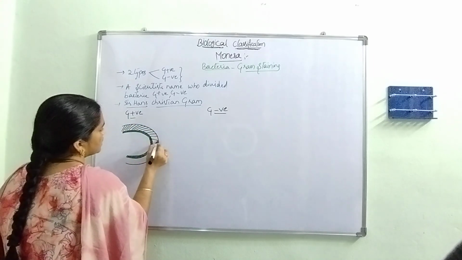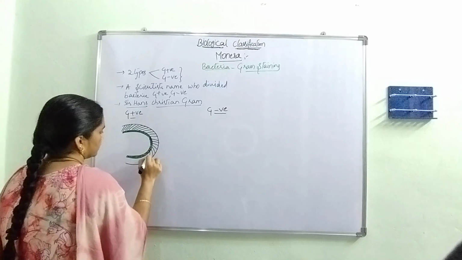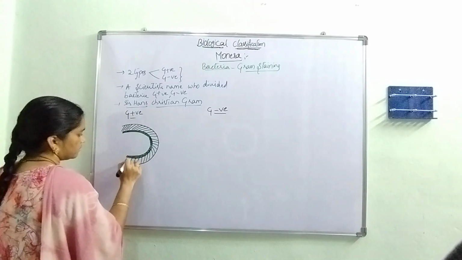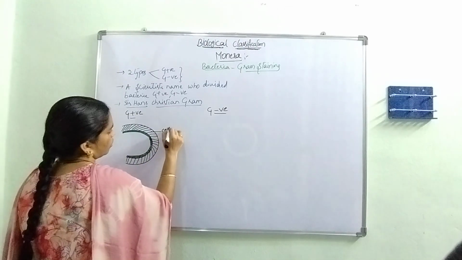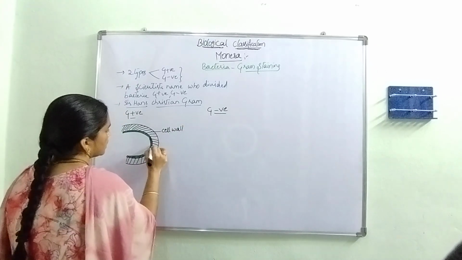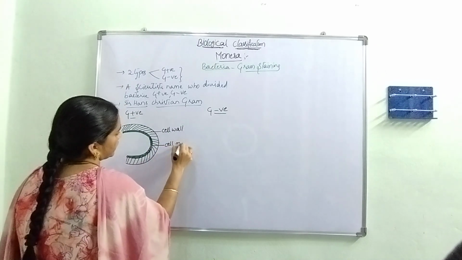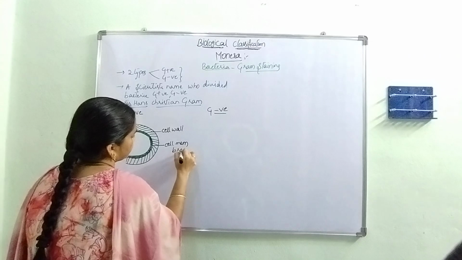You can see the cell wall is thicker and broader.